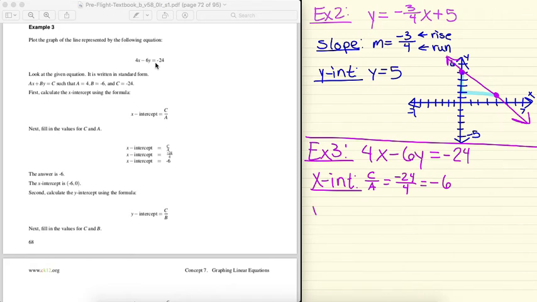My y-intercept is c over b. Well, c is negative 24 and b is negative 6, giving me a positive 4, because a negative divided by a negative is positive. From here, I can draw my grid.